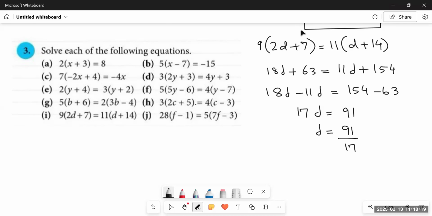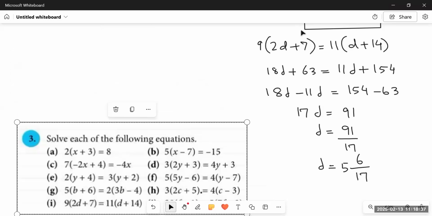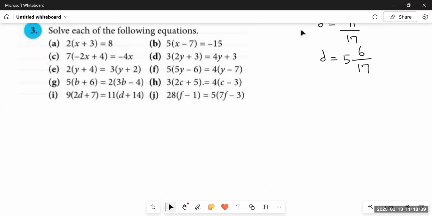And if we read the table of 17, 17 fives are 85. So we will convert it into improper fraction, that is 17 fives are 85 plus 6. So the answer would be 5 whole 6 upon 17. Your answer could come in whole number, your answer could come in a proper fraction or a mixed number. Okay, it could be anything.